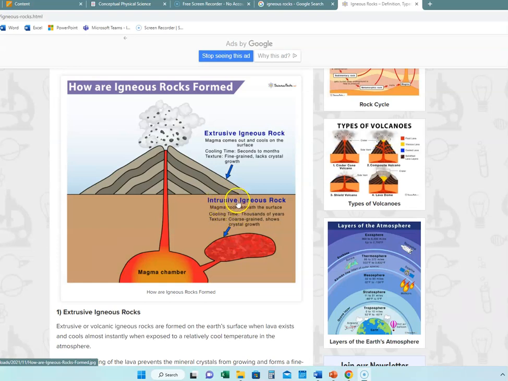So it can either be called intrusive or plutonic, as long as these rocks were formed from magma inside of the Earth. So if it's formed outside from the lava, usually from a volcano or a fissure somewhere on the Earth, that's called extrusive. So intrusive inside of the Earth, extrusive outside of the Earth.